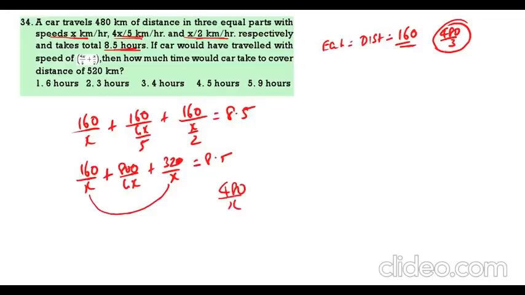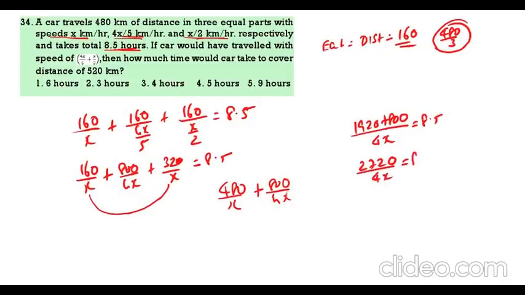So 480 by x plus 800 by 4x. LCM is 4x. So 480 into 4, 1920. 1920 plus 800 by 4x is equal to 8.5. So this is 2720 by 4x is 8.5. Now calculate the problem.